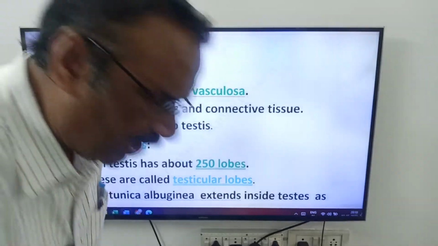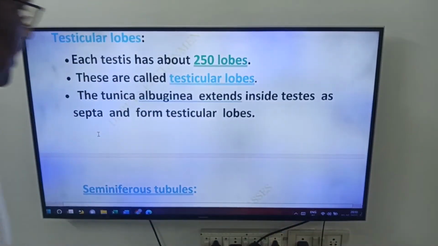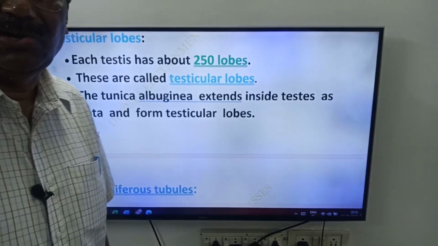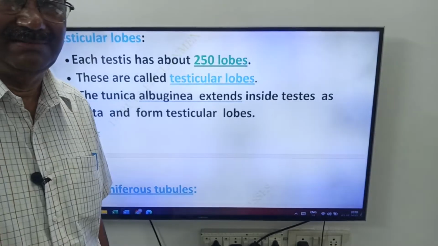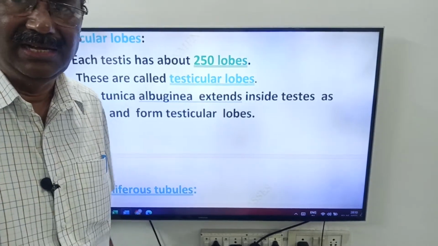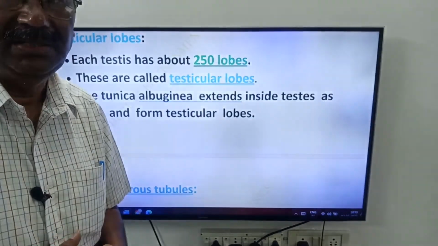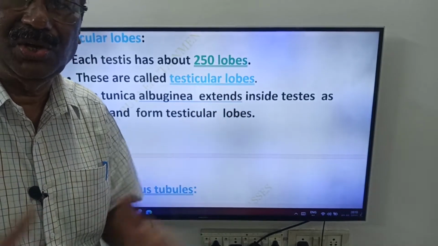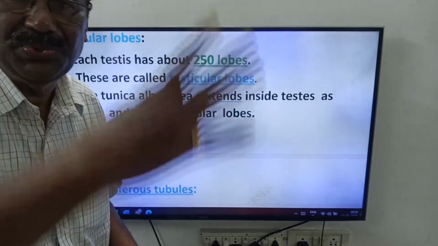Now, very, very important point: the testicular lobes. The middle layer, tunica albuginea, extends inward and forms septa. Due to the presence of these septa, the testis is divided into testicular lobes. Each testis has nearly 250 lobes.